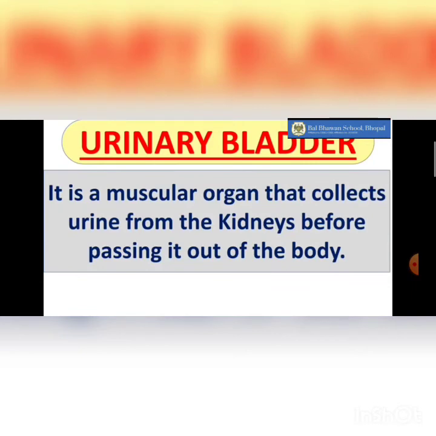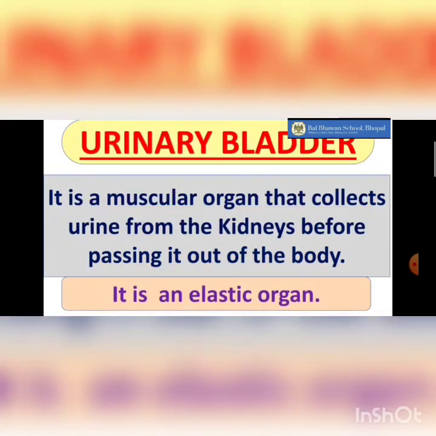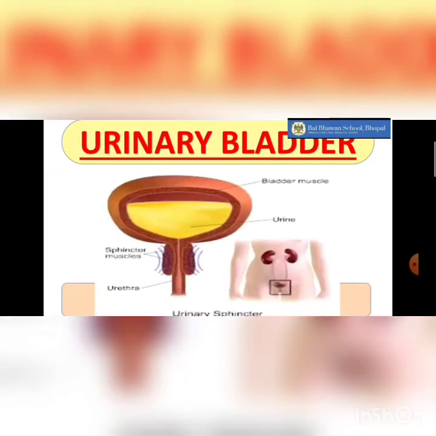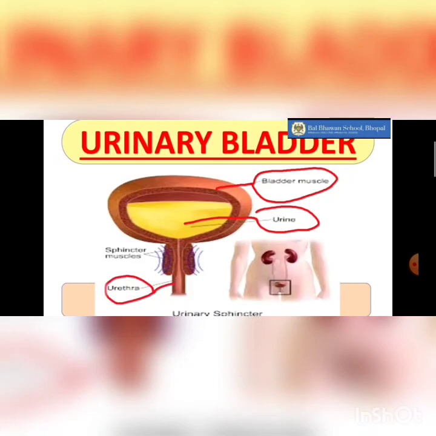It is an organ where urine is stored and it is an elastic organ. Just have a look at the urinary bladder. It is an organ where yellow color urine is filled and urine gets removed from the body with the help of urethra, the last organ of the urinary system.